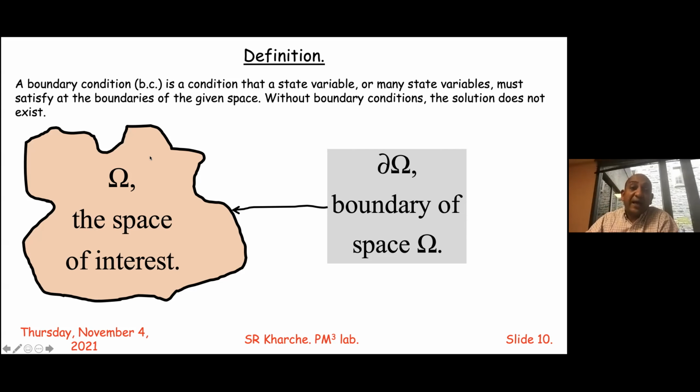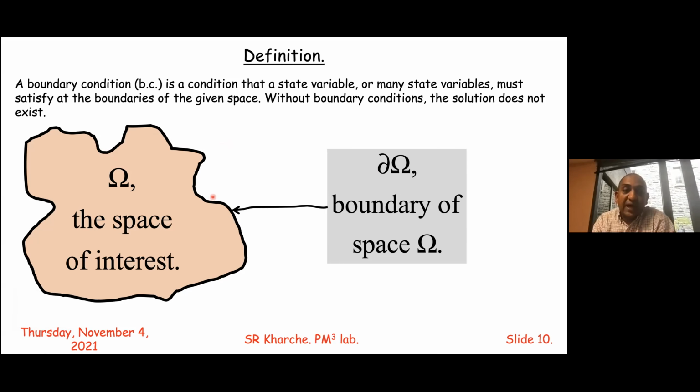But as you know, the aorta and most other objects of real interest always have a boundary. And the boundary in this case is shown by this thick black line that encloses your region of interest. Conditions must be given at this thick black line, and those conditions are called boundary conditions.